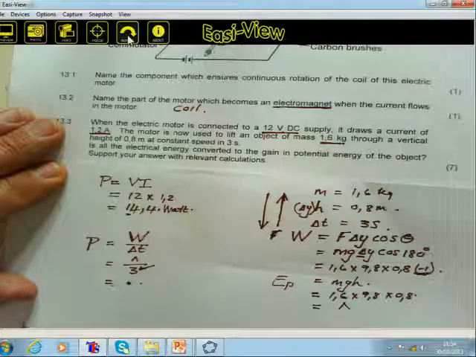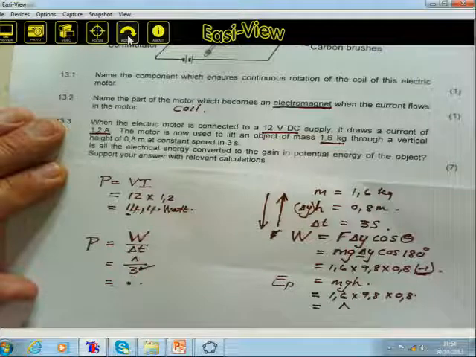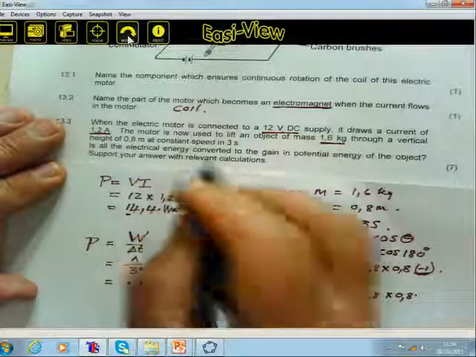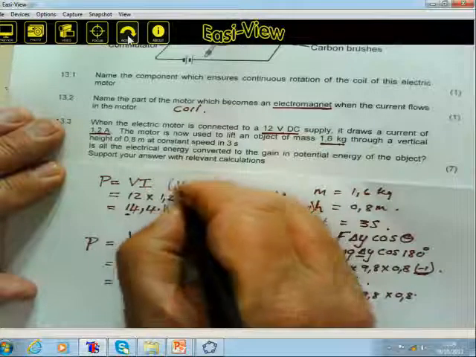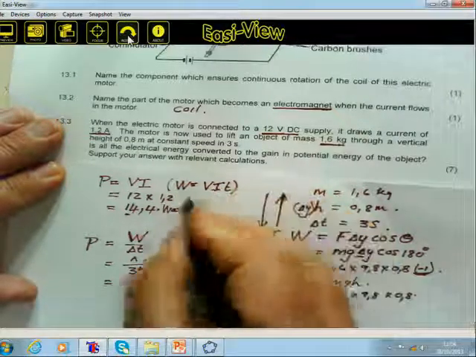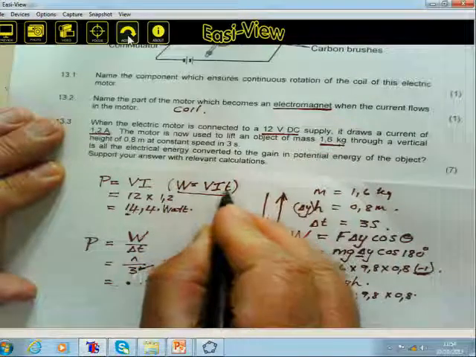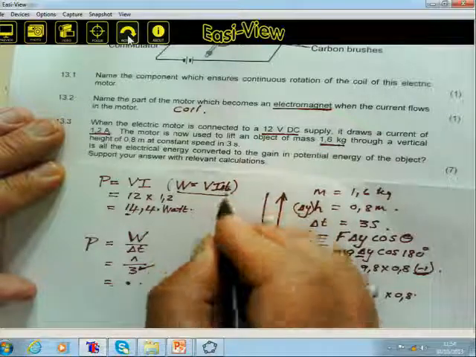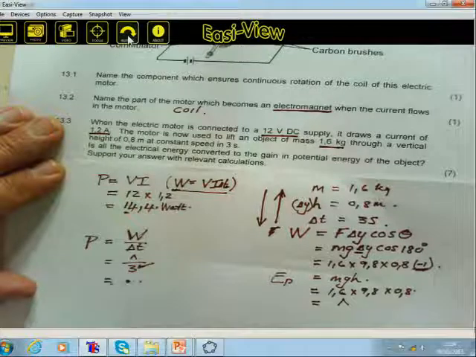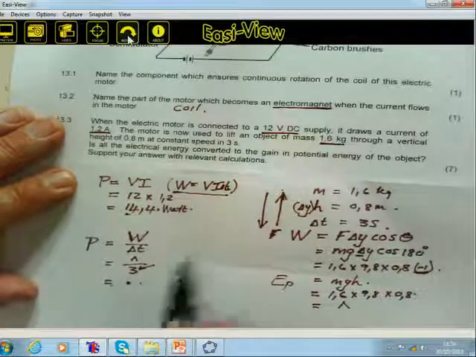There's certainly another way of doing that, and that is to calculate directly the work done. There's an alternative formula for energy, so you can use this formula. You have the time as 3 seconds, so you can calculate the electrical energy used.